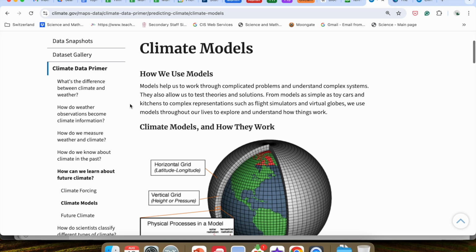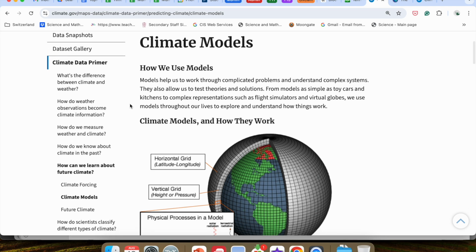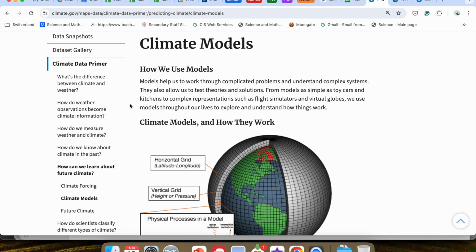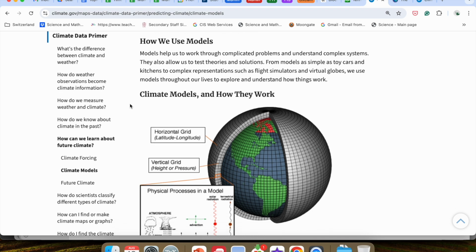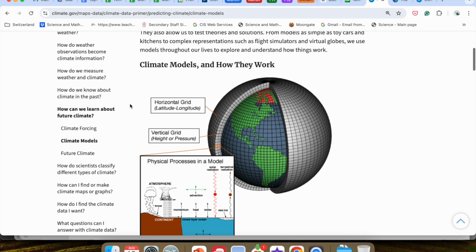So we have a lot of climate scientists who collect a lot of data about the climate, and then they try and build models that can accurately describe how the climate works. And if you have an accurate model that describes all the data we can collect, then you can also use that model to predict what will happen 10, 20, 50 years down the road. So we can predict what the climate is going to look like.